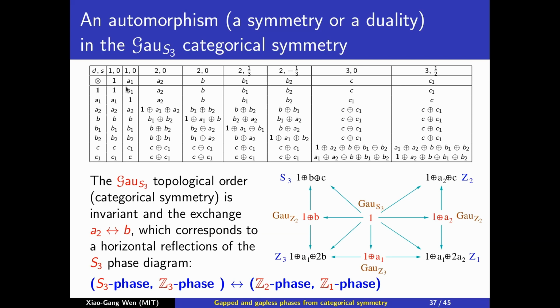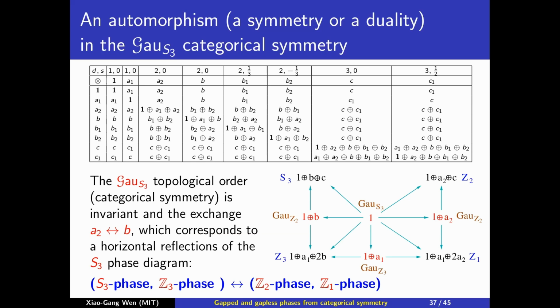Actually, if you look at this fusion matrix, this is the fusion rule N_ijk, you can see that the fusion is invariant under exchange of A2 and B. So that means that this S3 gauge theory has an automorphism of exchanging the second charge and the first flux. Exchanging the two is an automorphism.